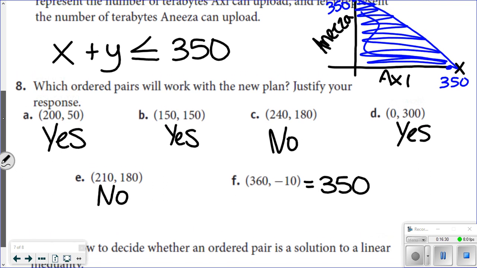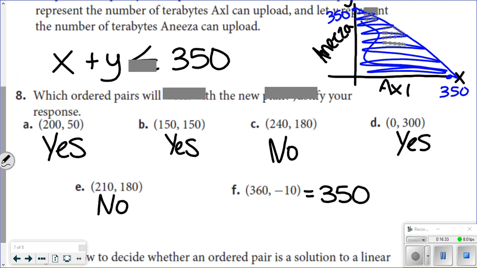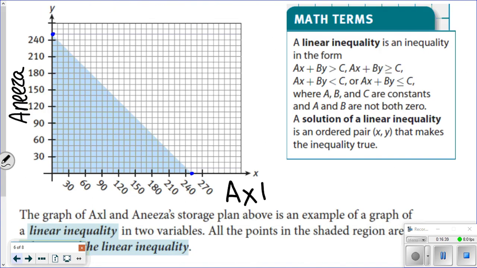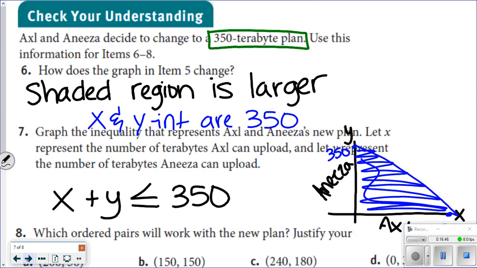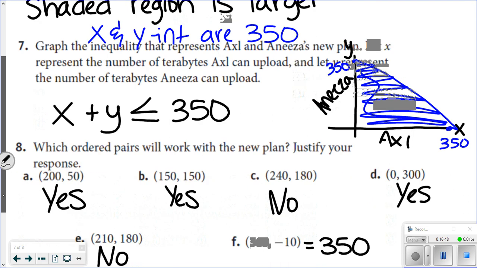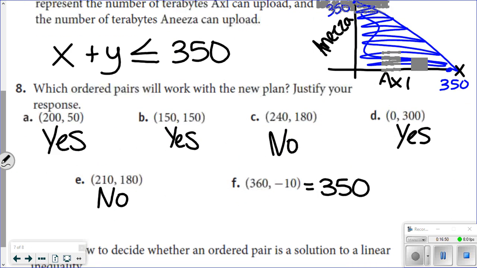Okay, and if I look at my graph, either this new graph that I roughly sketched, or if I go back here, do we have anything graphed in the negatives? No. Think about sharing a phone plan with maybe your family members. Could I say, hey brother, I'm going to use -10 on our data plan this month so you can have extra amount of data on your phone?